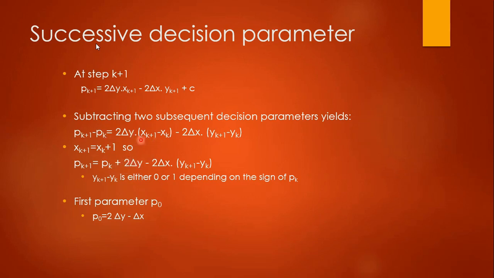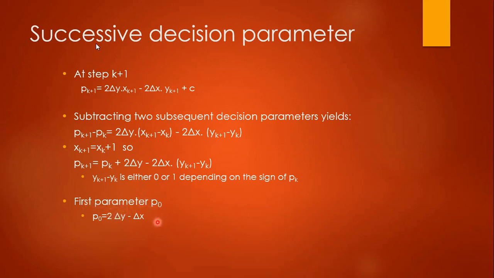Here the factor remains 1, so we are not showing it; it is actually 2 delta y into 1. Then minus 2 delta x into yk plus 1 minus yk. This is the formula you get. Here yk plus 1 minus yk can be either 0 or 1, depending on the sign of pk.